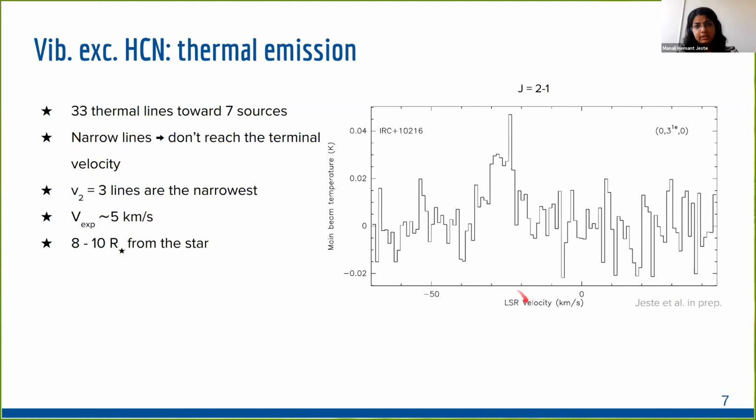As an example, here is the IRC +10216 transition with v2 = 3 vibrationally excited line. These are the narrowest that we saw, with an expansion velocity as low as 5 kilometers per second. Since they're not expanding as fast, we think these arise from very close to the star, up to 10 stellar radii away.